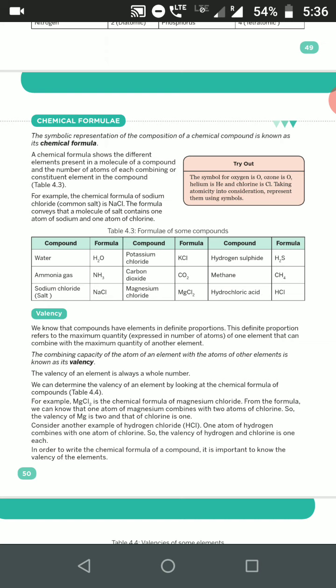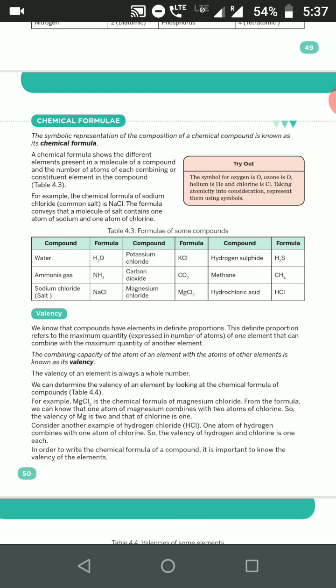For example, MgCl2. That is magnesium chloride. Here one atom of magnesium combines with two atoms of chlorine. Here magnesium is 1, chlorine is 2. So the valency of magnesium is 2 and that of chlorine is 1. Opposite.